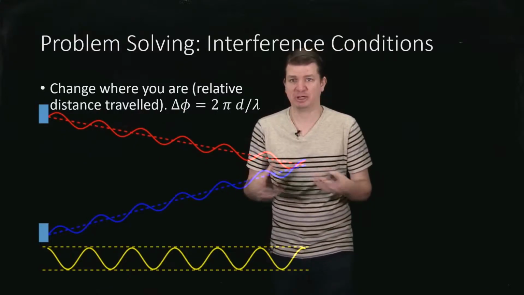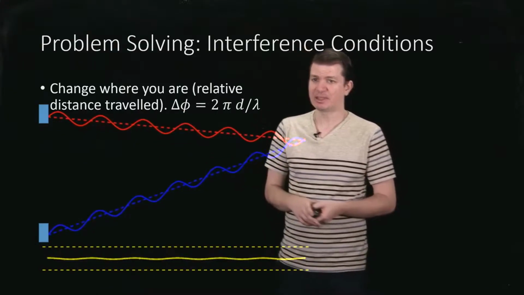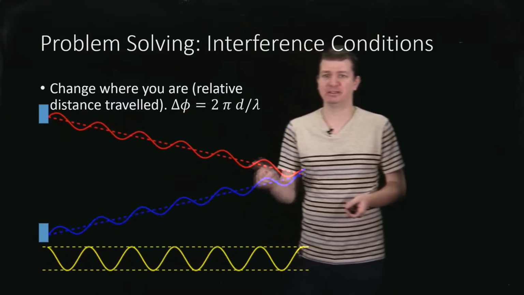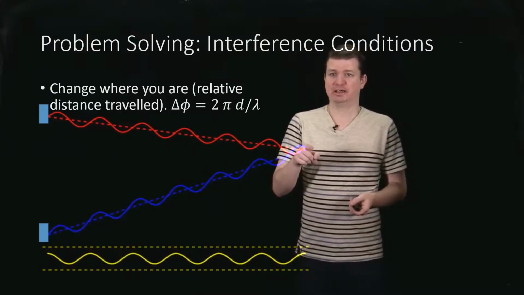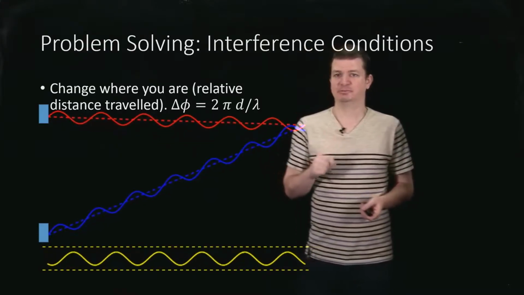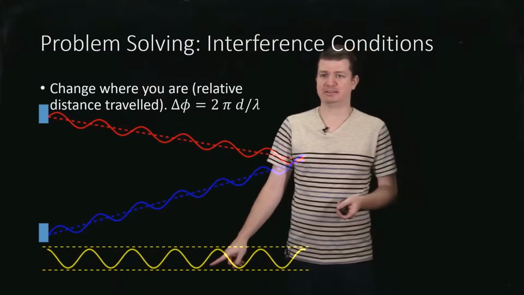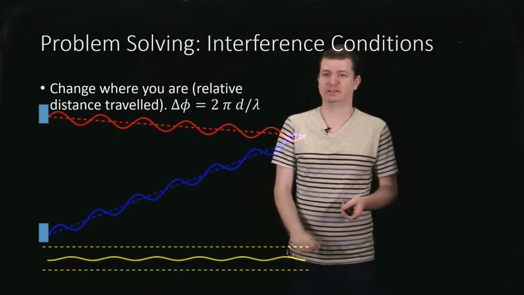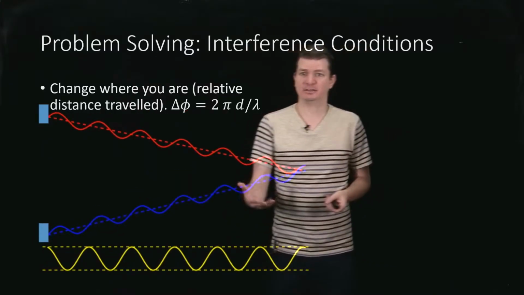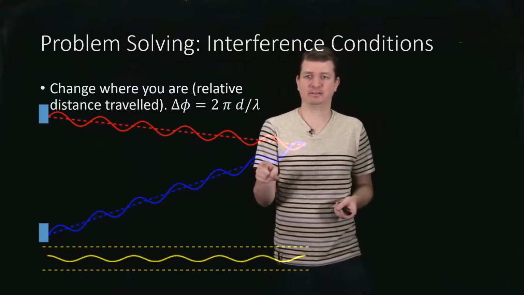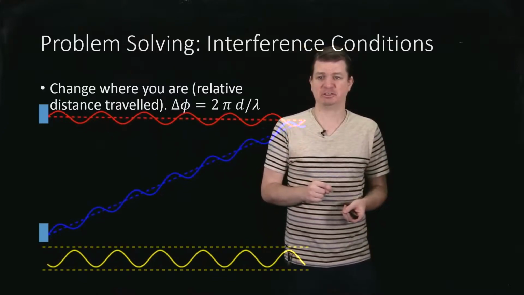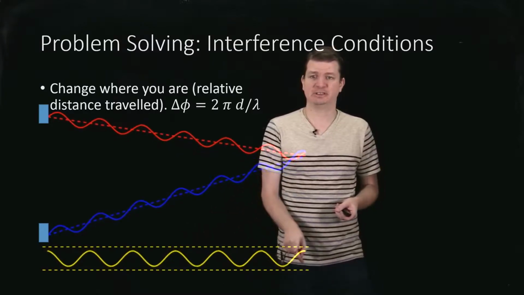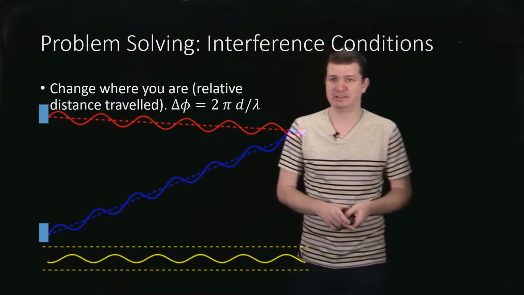And you can see that happening here as I change this point. Right about here, where that superposition went flat, I am at a difference of 1/2 wavelength in their travel distances to that particular point, and so I do indeed get perfect destructive interference.